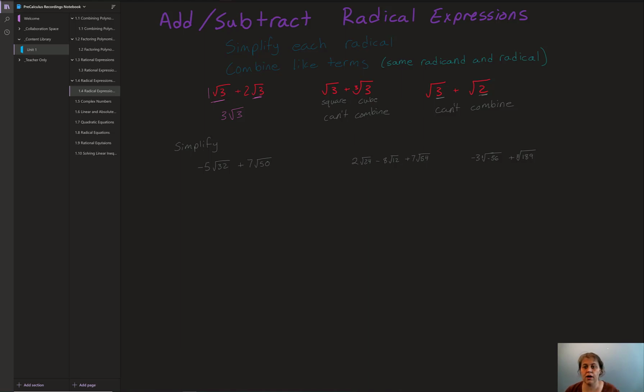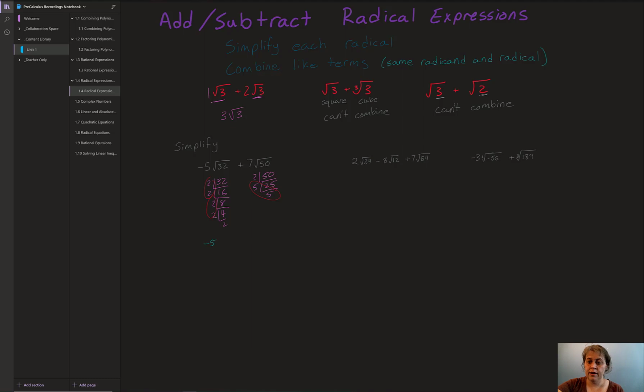So we're going to start off with 32 and 50. So 32, 2, which is 16, 2, which is 8, 2, which is 4, and 2 and 2. And then 50, 2, which gives me 25, 5, and 5. We go looking for twinsies. So that's 2 times 2, or negative 5, which was already there.